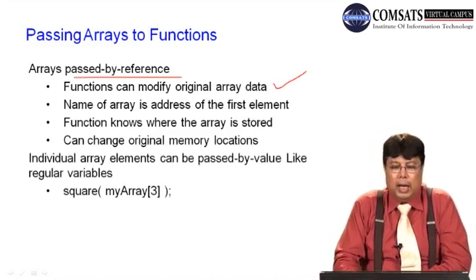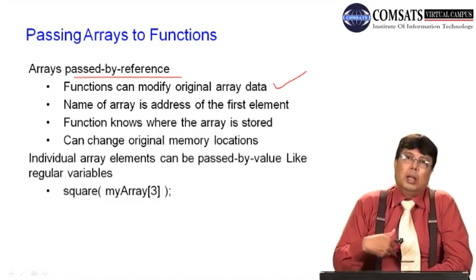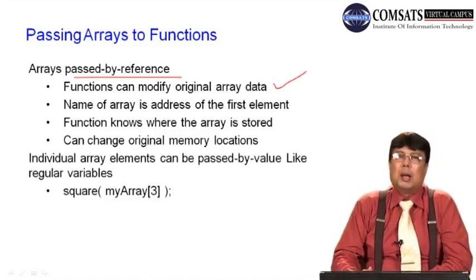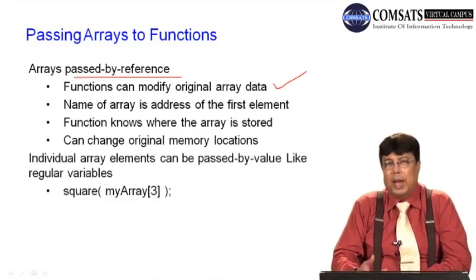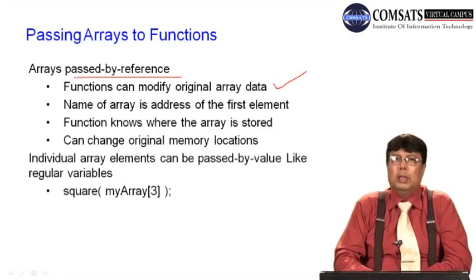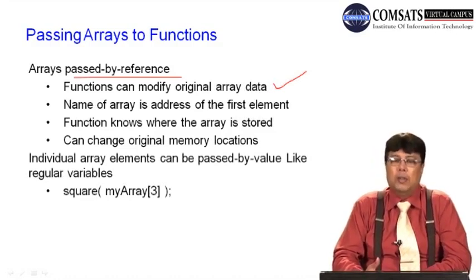So individual array elements can also be passed. We can pass the complete array to a function, but sometimes we don't want to pass the complete array. So can we pass one particular element to a function? Yes. I told you that each element of the array can be treated as an ordinary variable.